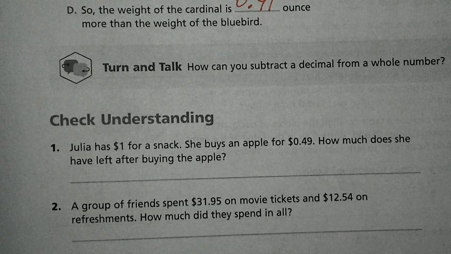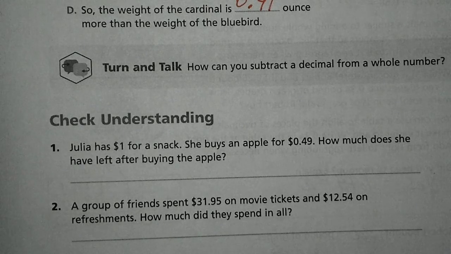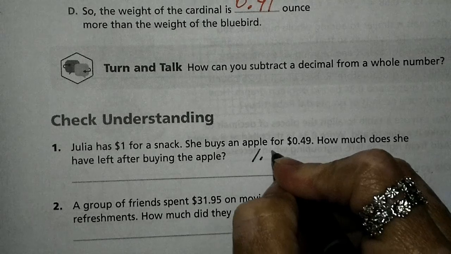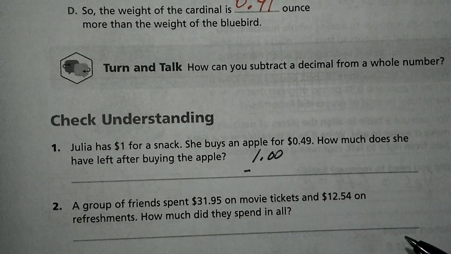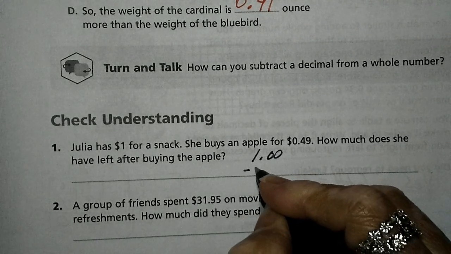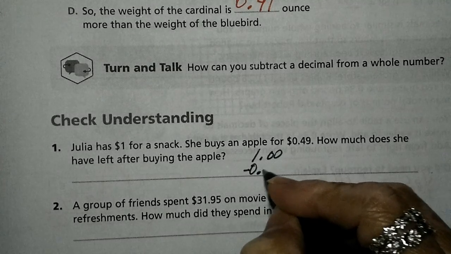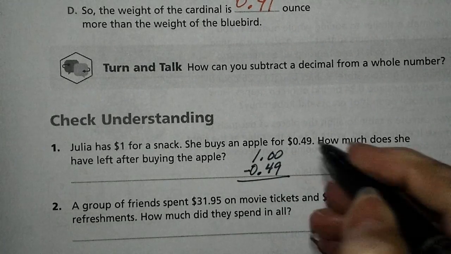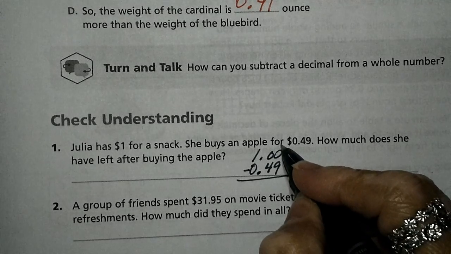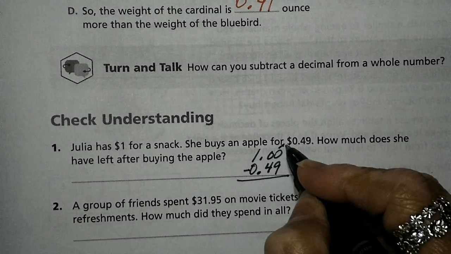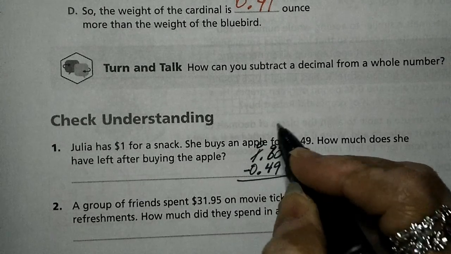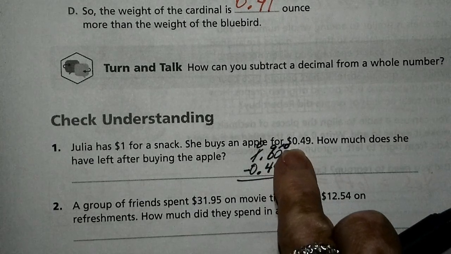It says how much does he have after buying the apple. So you would do $1, which is 1.00, minus 49 cents, and you can't do 0 minus 9, so you would have to take something from the other 0, and you can't do that, so you'd have to take something from the 1. So it makes this 9 and 10.